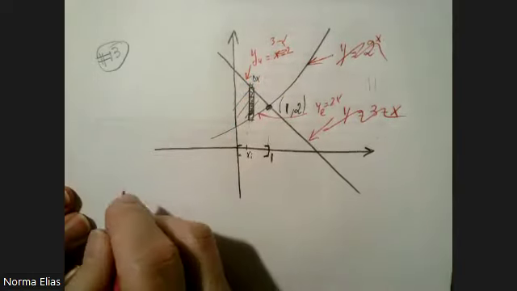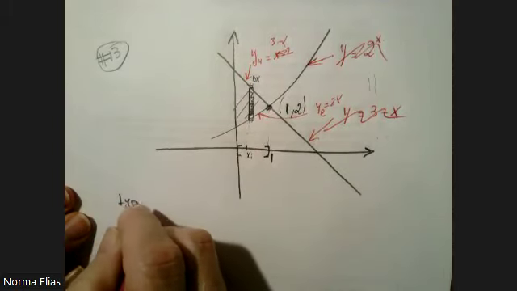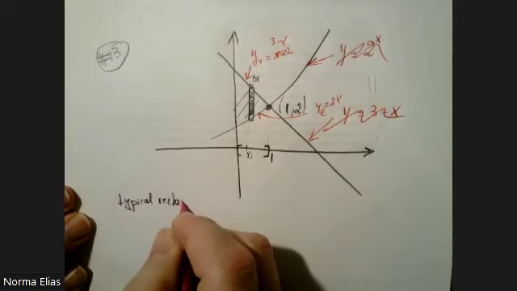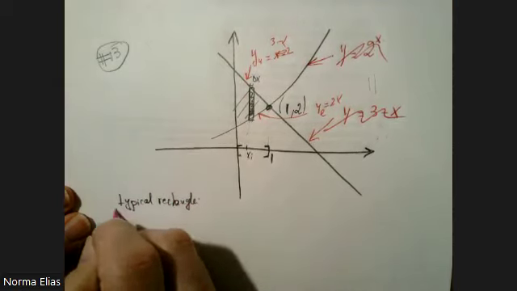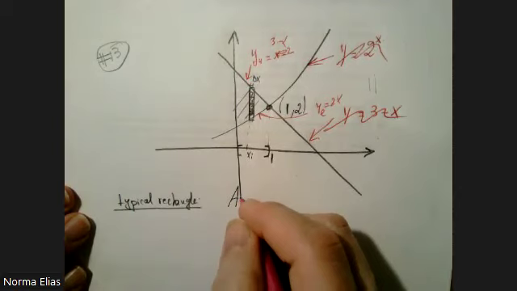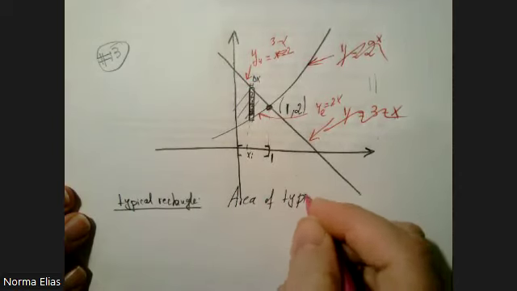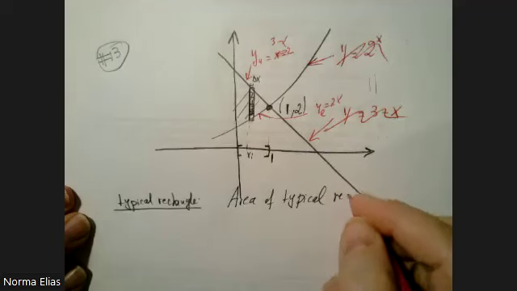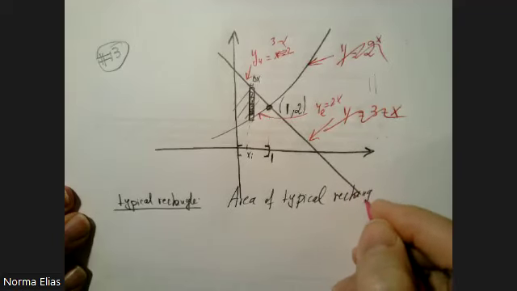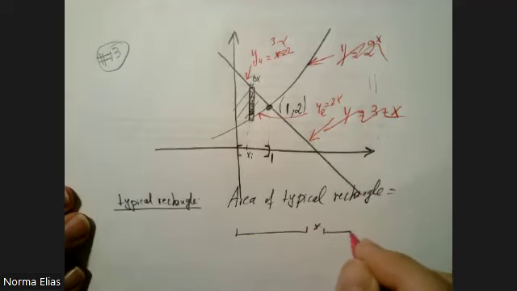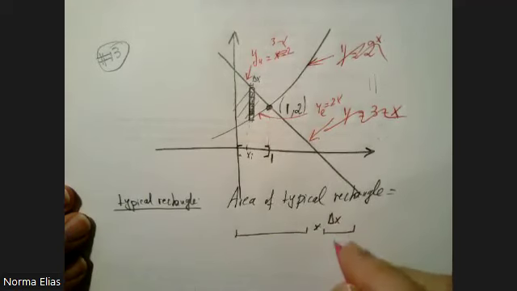So the area of the typical rectangle is the length times the width. The width is this little bit, my delta x.